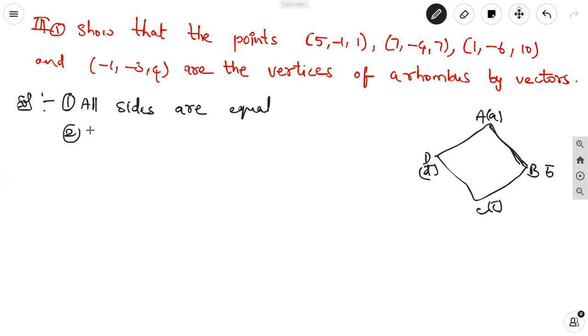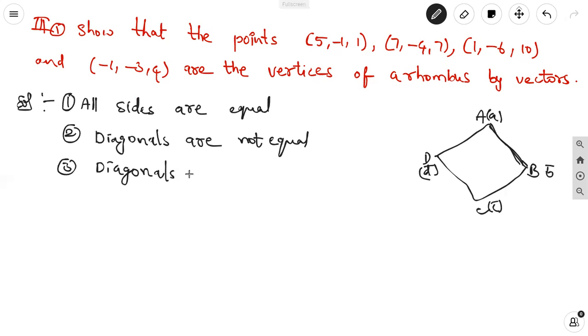Second one is the diagonals are non-equal, and the diagonals bisect each other.